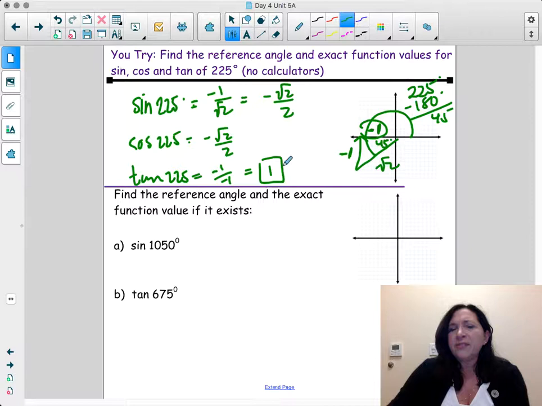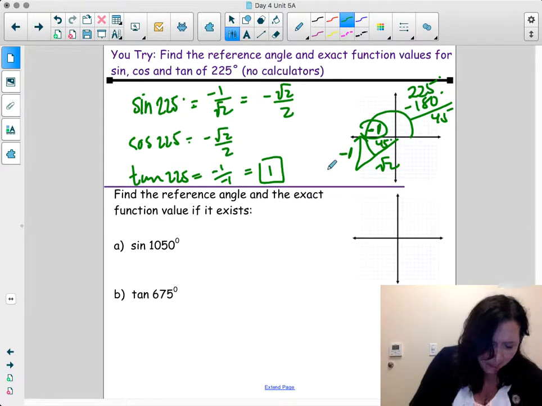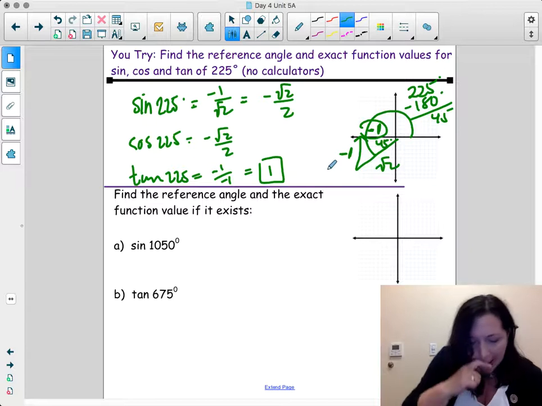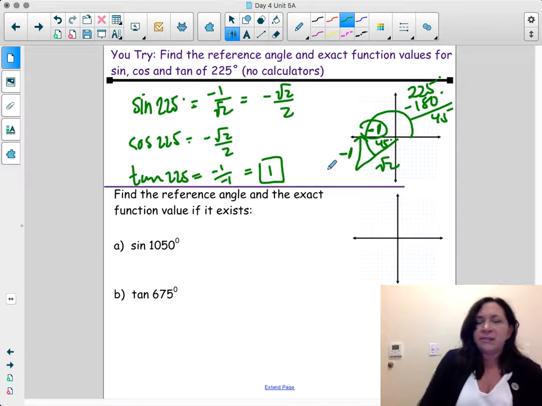Reference angle for the exact function for sine of 1050. So I would go, what's 1050 divided by 360, okay? That's going to give you 2 and some change.